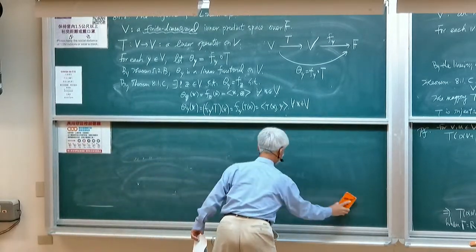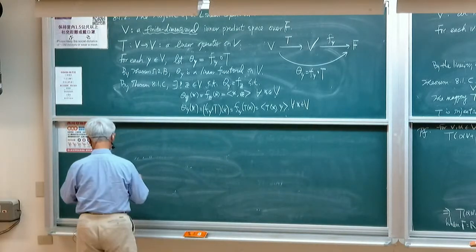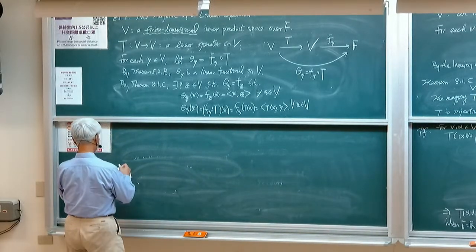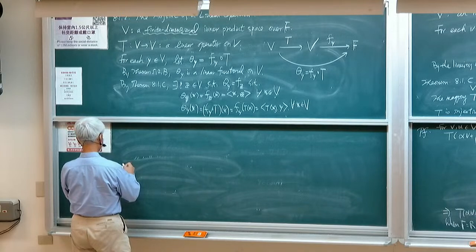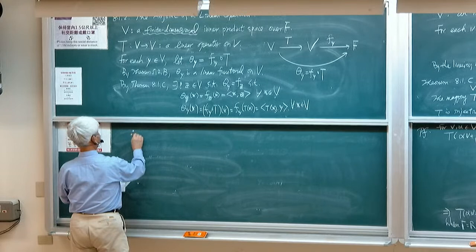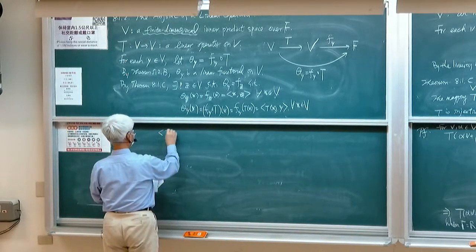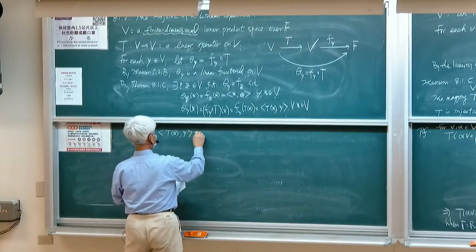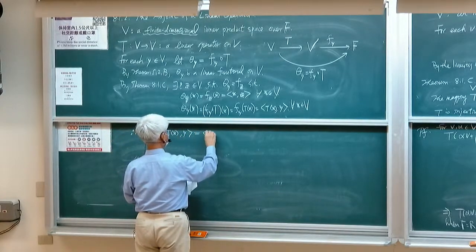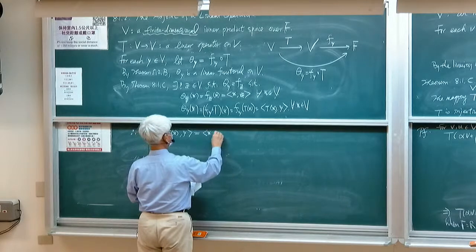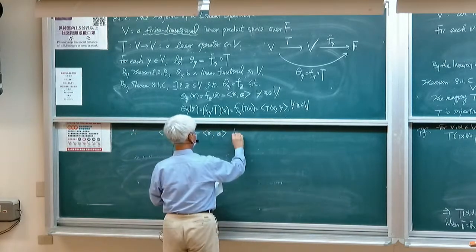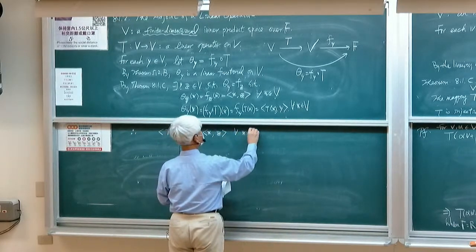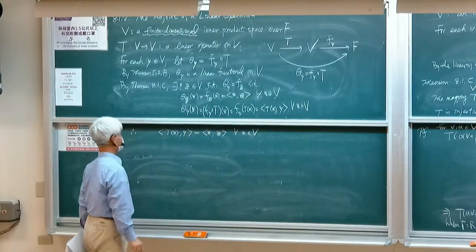So now we obtain an interesting result. We have ⟨T x, y⟩ is equal to ⟨x, z⟩ for all x in V. Okay?